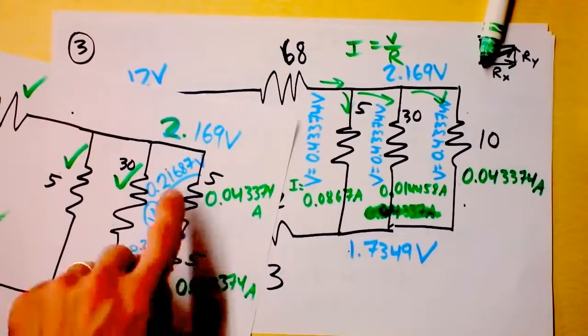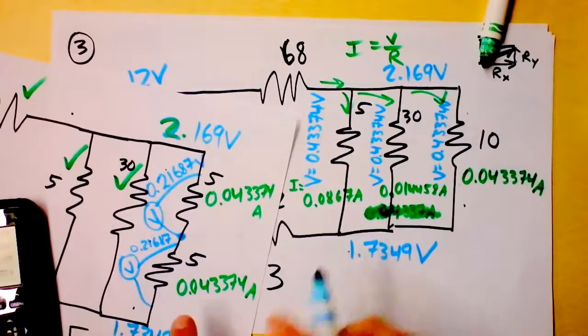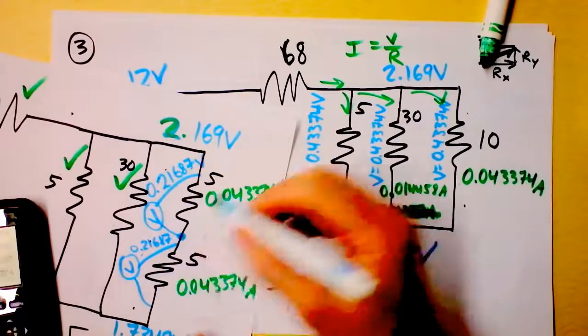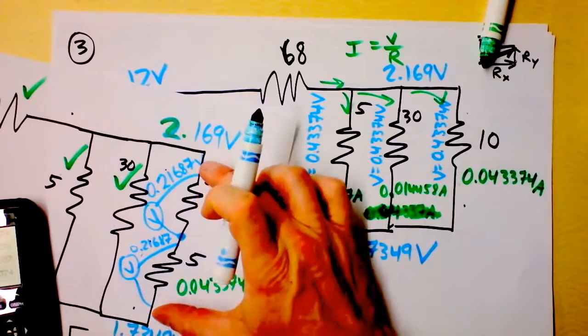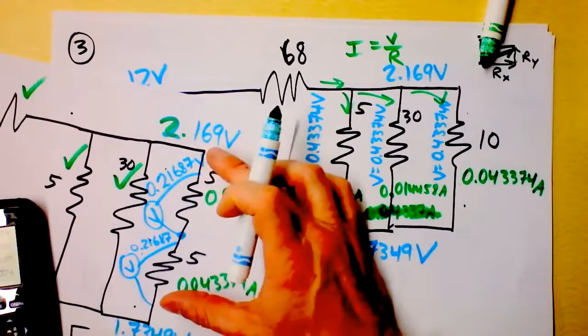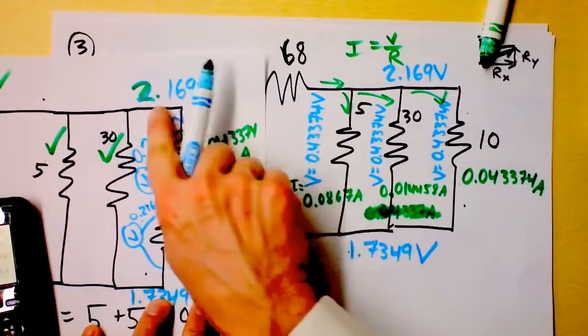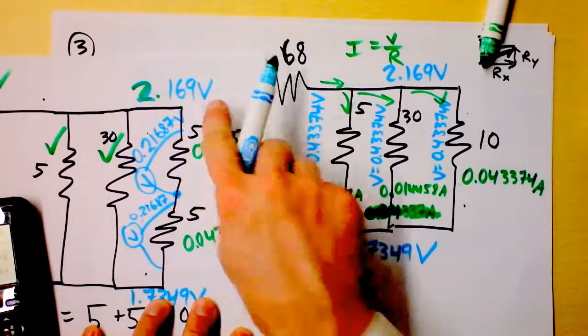Sure, which means that is the average of the two of them, and if I multiply this number by 2, I get the voltage drop from here to here, and so if I take that number and add it to 1.7349 volts, I find it to be this number up here, 2.169 volts.